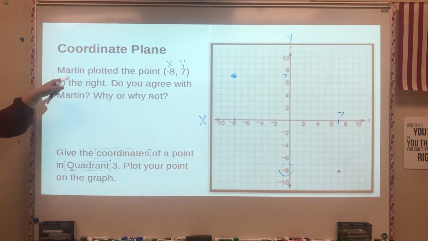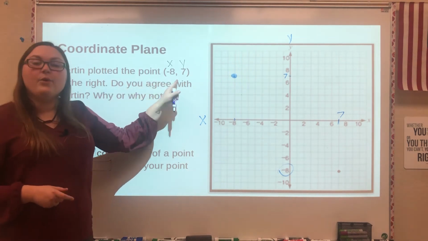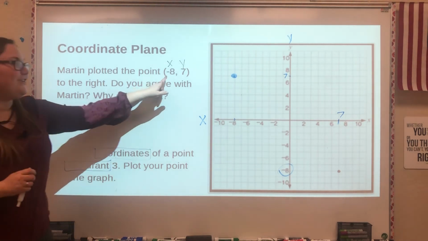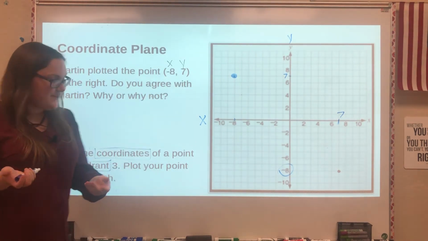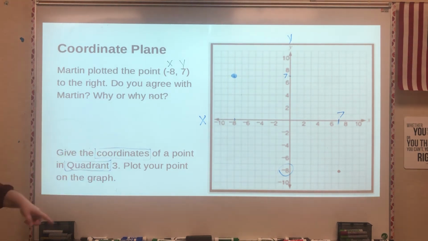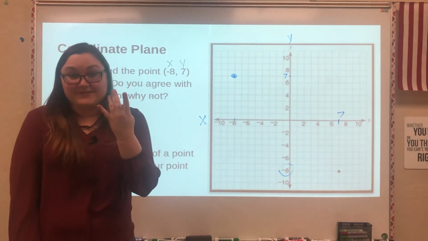Coordinate is a word I was already using a lot up here. Coordinate is this. Coordinate is a pair of numbers. So I'm asking you to give the coordinates. Your answer should look something like this. It should be a pair of numbers. I'm asking you to give the coordinates of a point in quadrant 3. Quadrants were those, quad means 4.